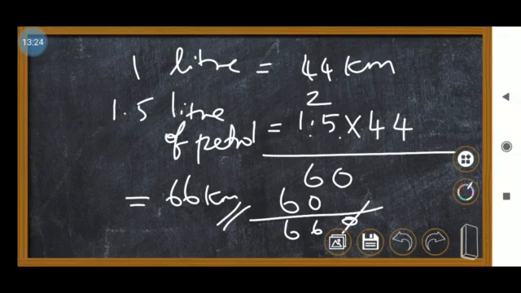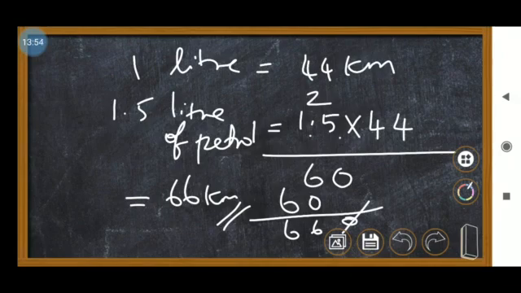One thing you have to know, students: when they give a certain number, 5 liters or 6 liters, whatever, and you have to find 1 liter or 1 unit, the number will go in division.